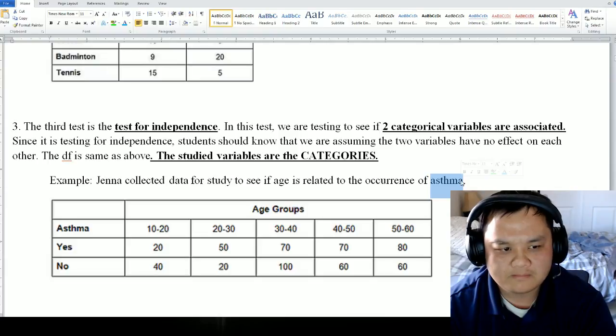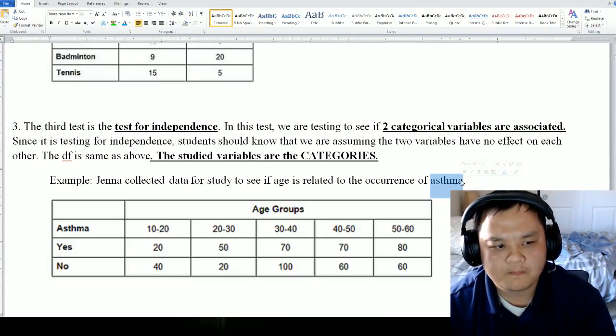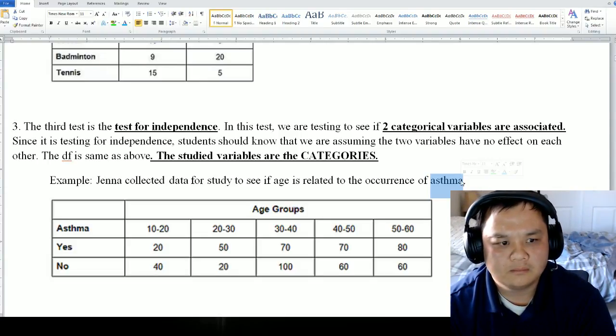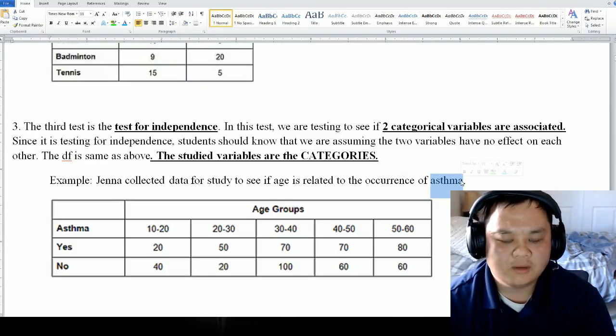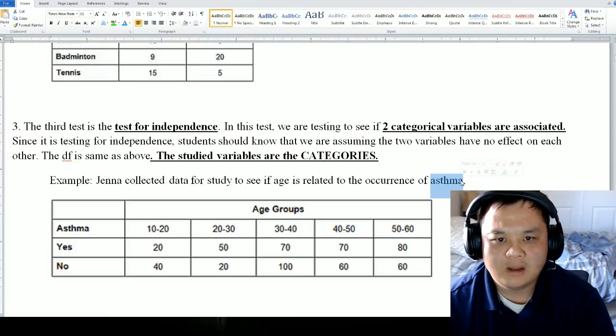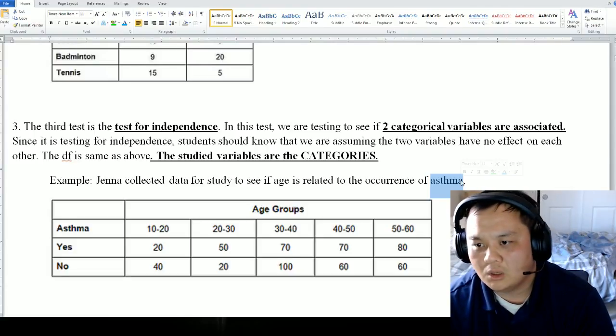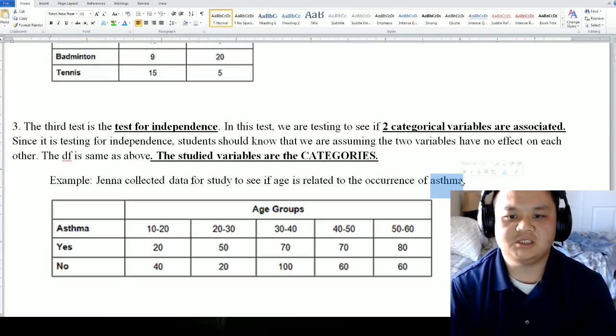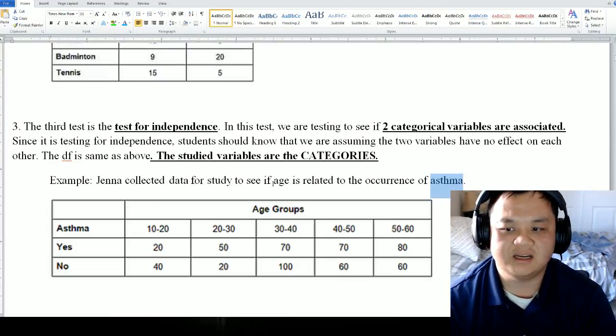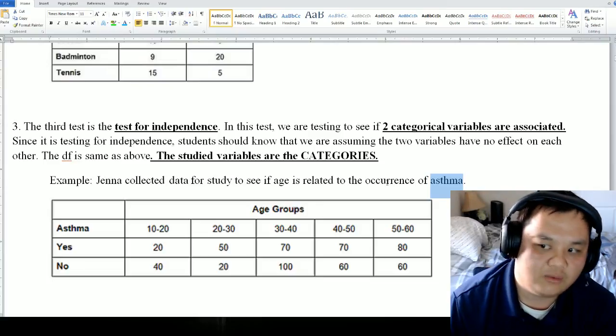Or can the categorical variable not be a yes or no question? It can be. Let's say Jen collects data in a study to see if age is related to the disease that you have, right?